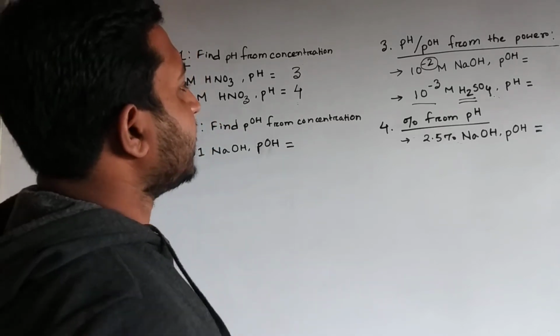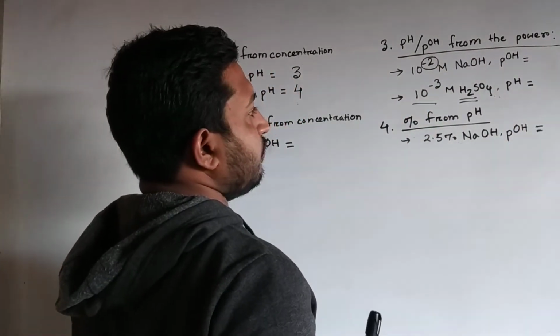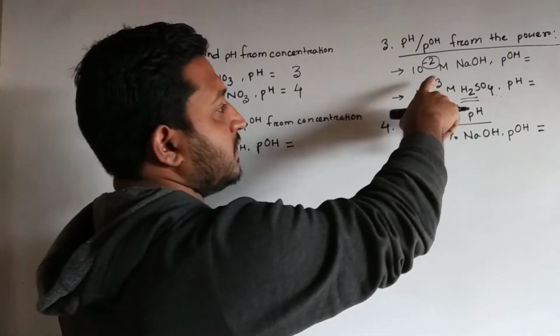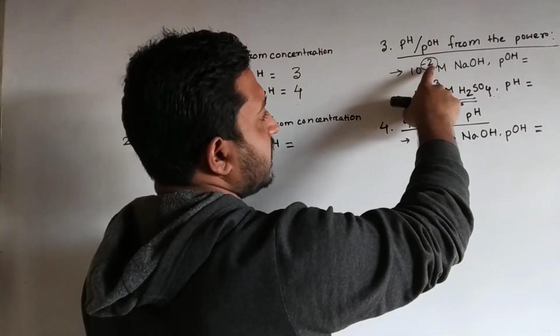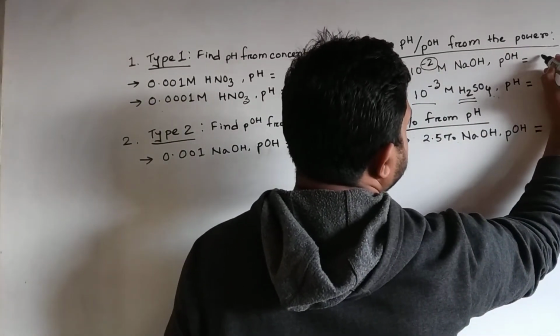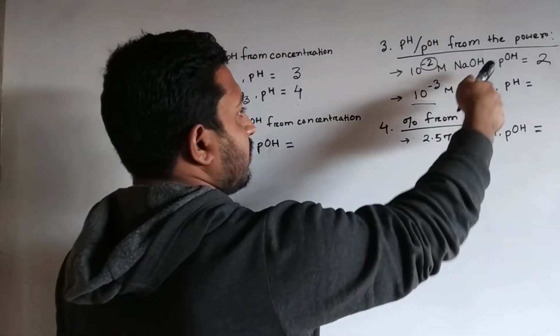Then our next type is type 3, pH or pOH from the power. What you have to remember is to see the power of the concentration. Here the power is 2, so we have to write the pH is 2. Why 2?